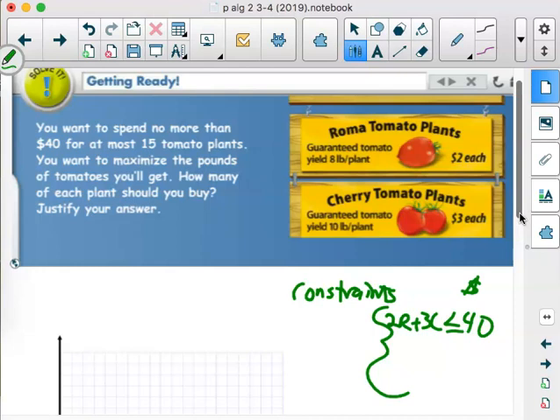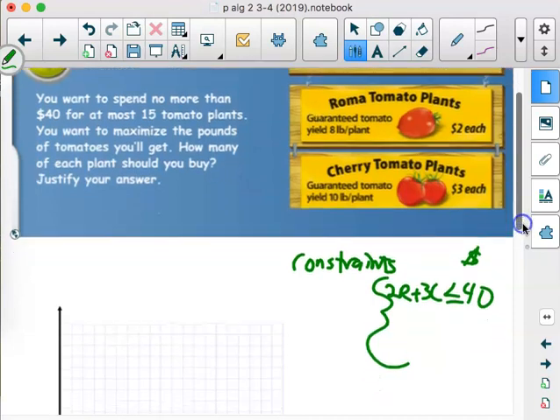And you want to make sure you're able to get as much out of those plants as you can. So you don't have unlimited space. That's going to be less than or equal to again. Does it say you want to get 3 times as many cherry tomatoes as Roma tomatoes, twice as many Romas as cherries, anything in there that lets us know something about how many? Then we just put x + y, or R + C in this case.